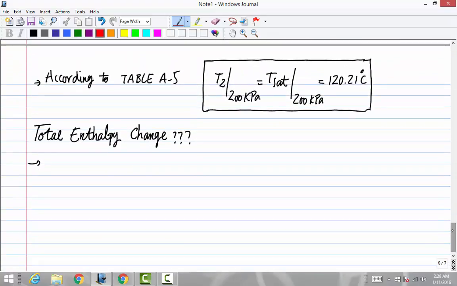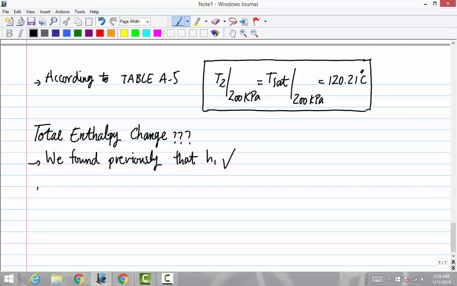At point 2, we have everything. We know exactly what point we are at. So we will go to that table, A-5 once again. So we found previously that H1 was something.